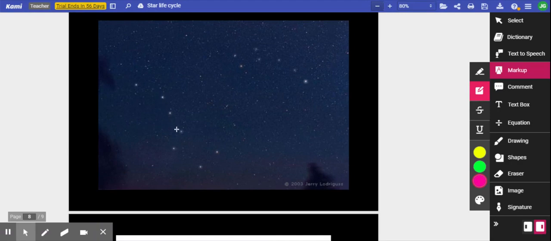It has 3 stars in a row. Here's the scooper, or the dipper part. Think of it like a big ladle to scoop out your soup or your sauce. The last 2 stars in the Big Dipper are pointer stars, so they point to Polaris, the North Star. If you can find the Big Dipper in the northern sky, you can find the North Star.